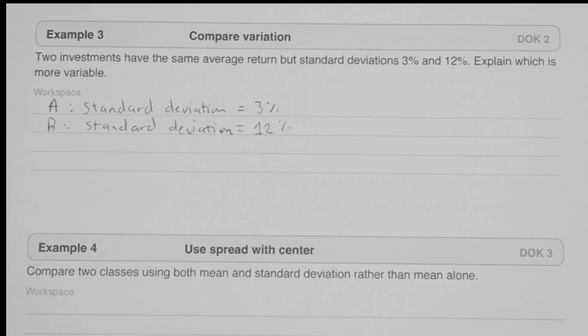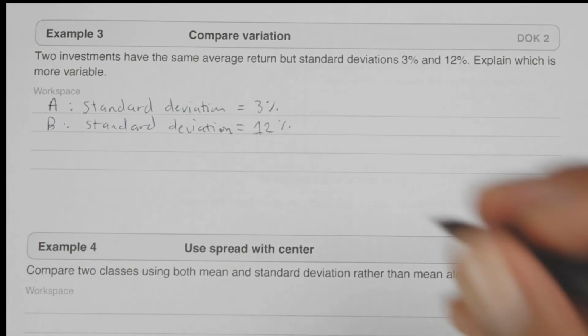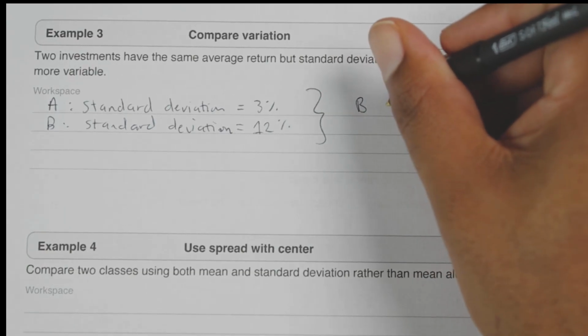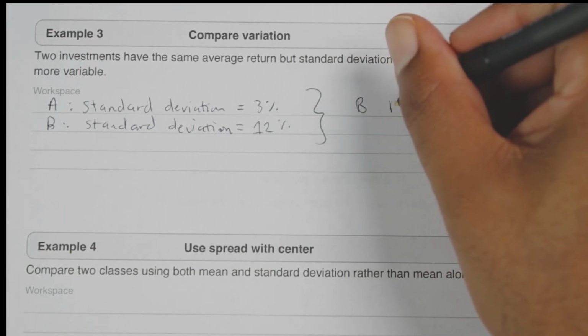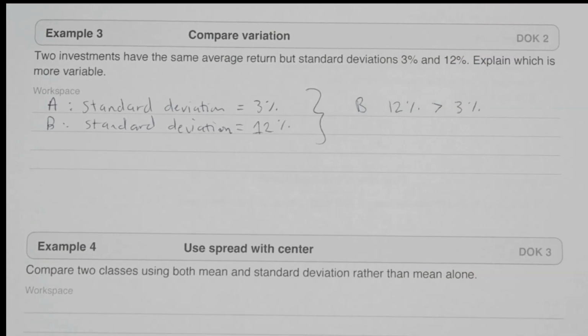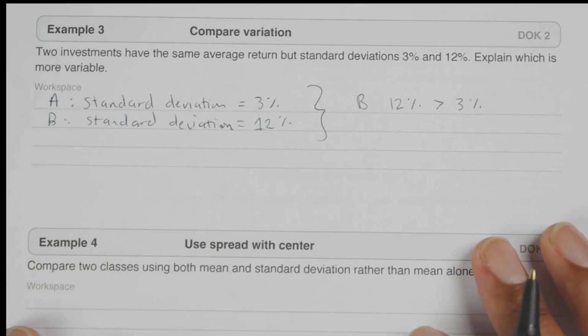First of all, it would be obvious, right? Investment B, because 12% is greater than 3%, right? So a larger standard deviation means the observations are generally spread further from the mean, right?